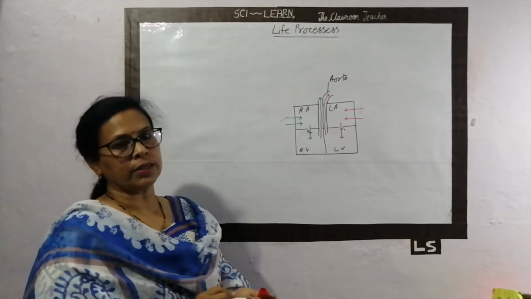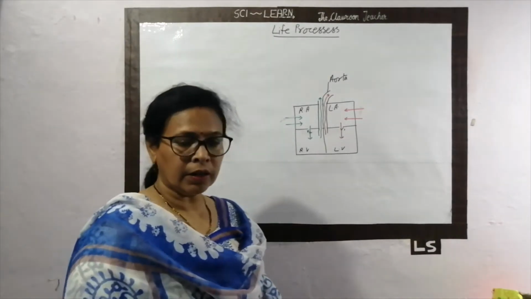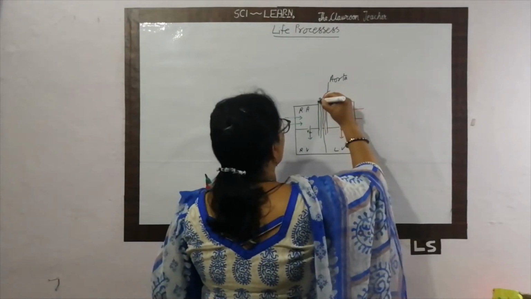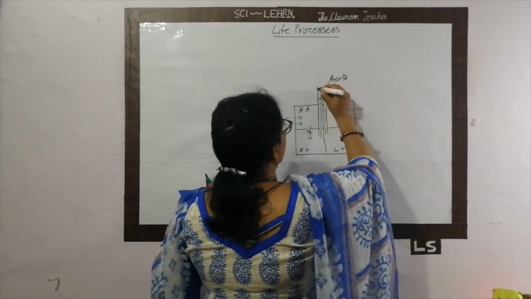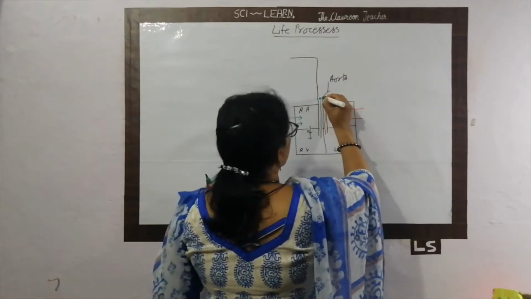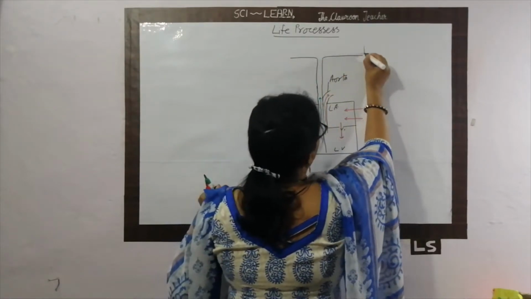Where does this deoxygenated blood go? Here there are 2 parts, 1 and 2. We have the lungs.